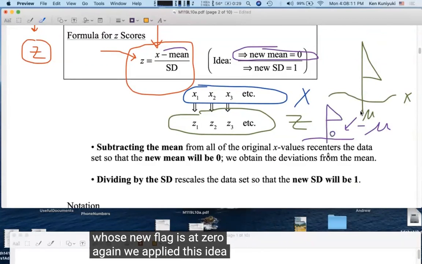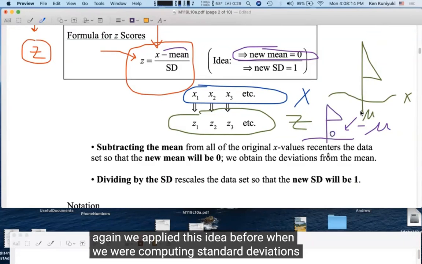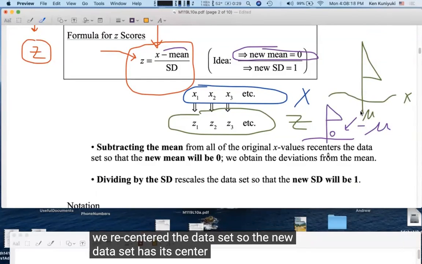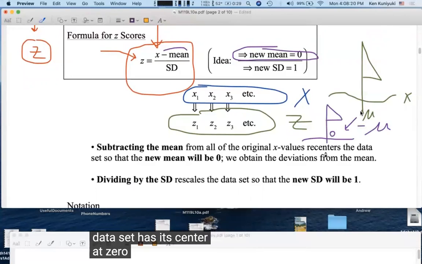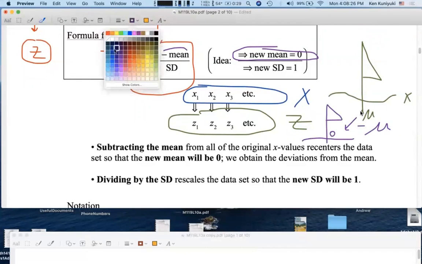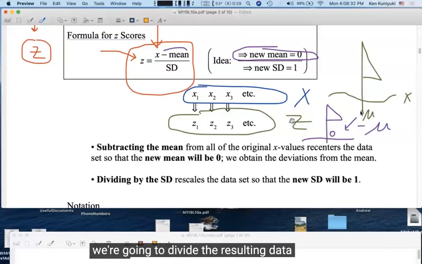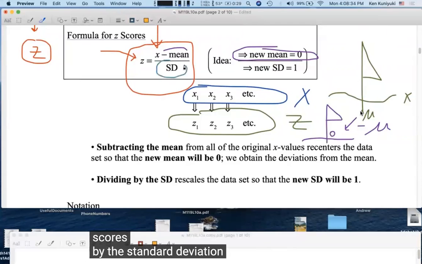Again, we applied this idea before when we were computing standard deviations. We recentered the data set so that the new data set has its center at 0. Likewise, we're going to divide the resulting data scores by the standard deviation.